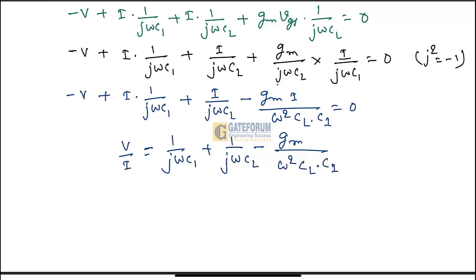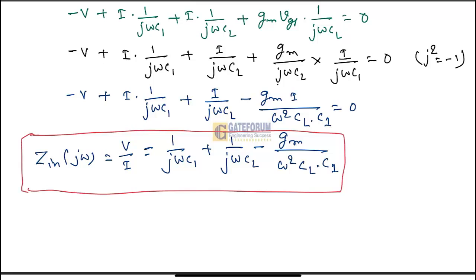And as I explained earlier, this V by I ratio in terms of omega is a function of j omega. So we got the ratio.